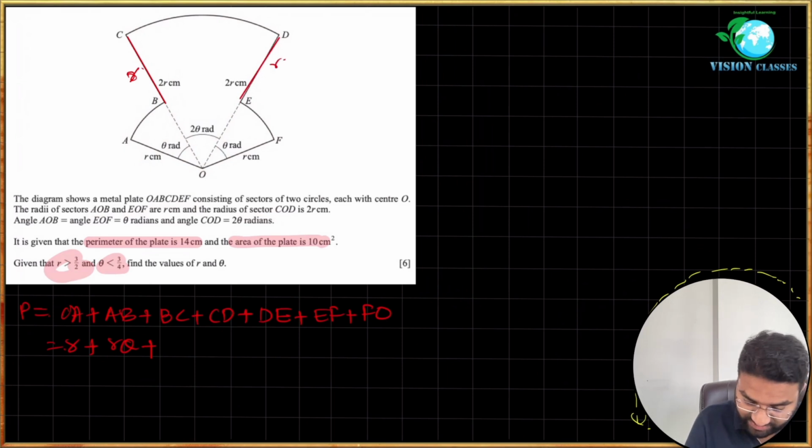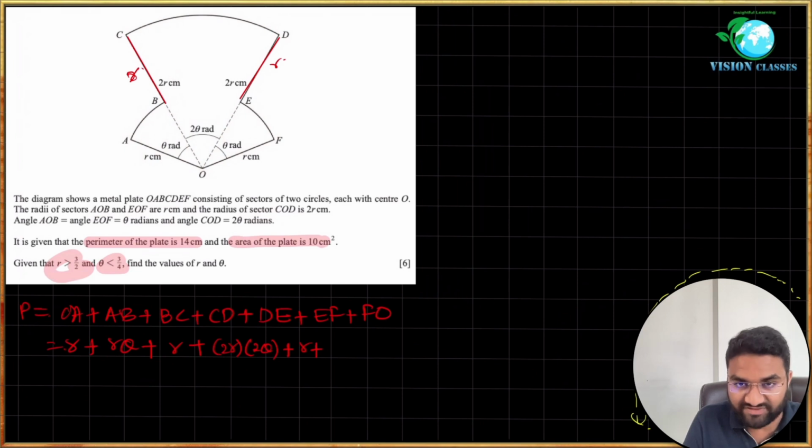Alright, so we will substitute here. BC is equal to r, plus now CD. CD is an arc length, and arc length is rθ. So it is 2r times 2θ, plus DE is r. EF is again rθ because it's an arc length. FO is r.